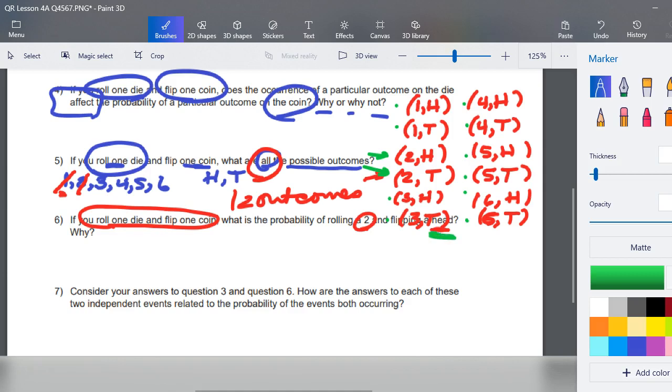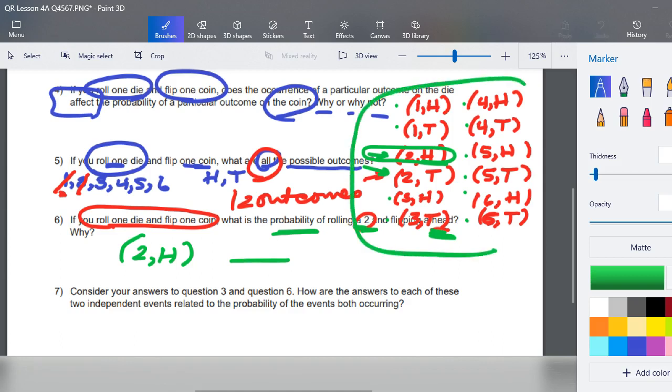But the second part says, and landing on heads. There's my winner. If I have the combination of a 2 on the die and heads on the coin, that's what they're asking. But the probability is, how many times did you see it occur over here? Once. Out of 12 possible outcomes.